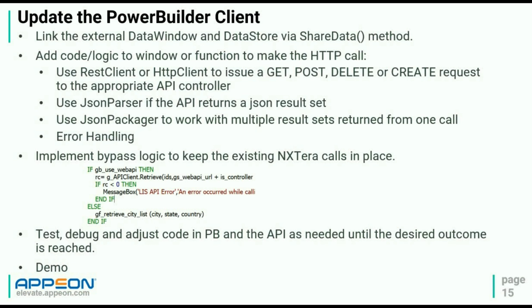So in addition to all of that, of course, you need to worry and think about error handling. The LIS application had a lot of built-in error handling. It was part of Nextera, and so we've had to spend some time looking at that and handling it, rewriting it a little bit when it was necessary, and also addressing that in the API as well.